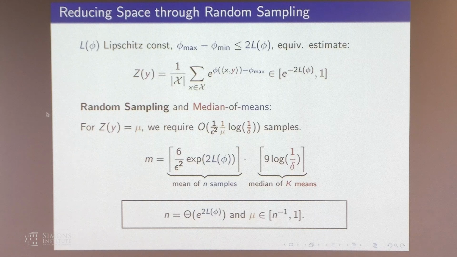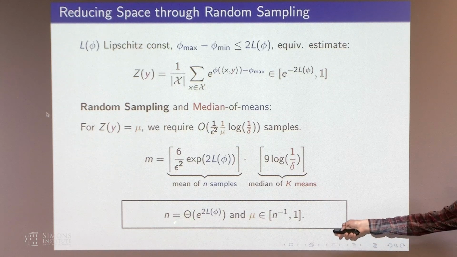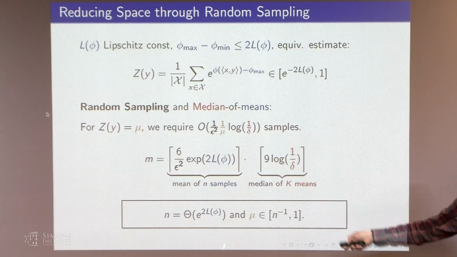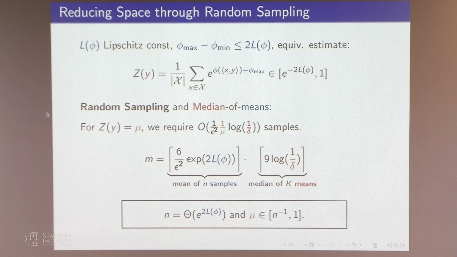So whenever I express my results as a function of L of phi, if you wanted to express them in terms of n, you should take n to be e to the power of twice the Lipschitz constant. Similarly, mu, which is the average of this quantity, is some number between 1 over n and 1. So we'll do this reduction beforehand.